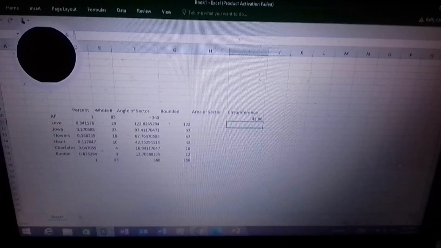Theta means the angle that you want. For example, we have 122 degrees times pi divided by 180. That's what you do. Or, you can do 3.14 times 14, then divide by, then times the angle.